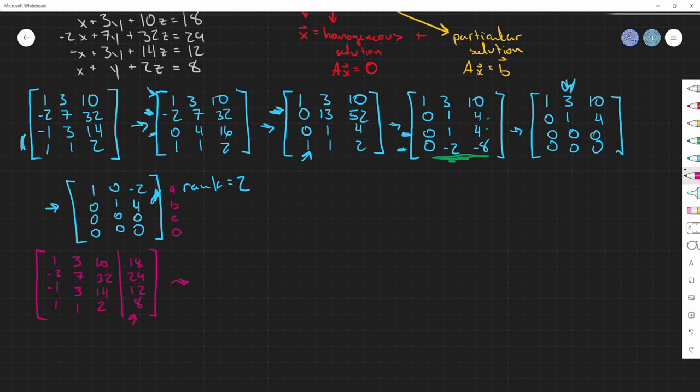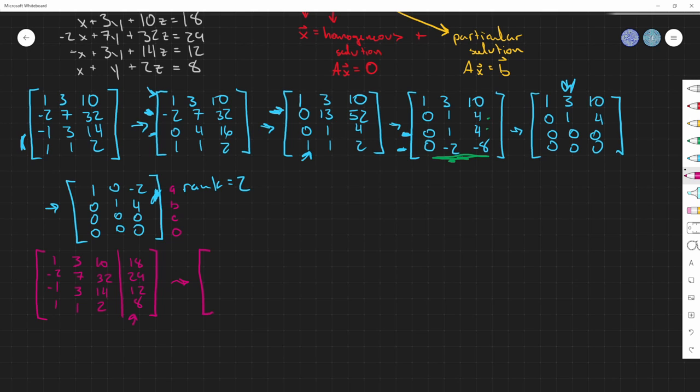Not to mention, this will also tell us how many solutions there will be and if it's consistent. Regardless, you did the row reduced echelon form once, and you know what steps you did to make A go to row reduced echelon form.